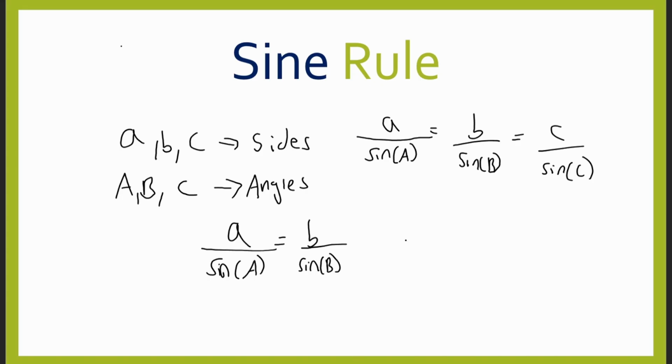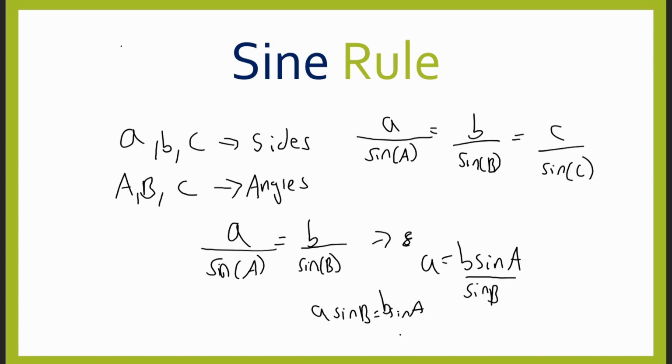You times by sine A both sides: a equals b sine A over sine B. Now that you've done that, you can times by sine B both sides. So you get a sine B equals b sine A. I forgot the b.